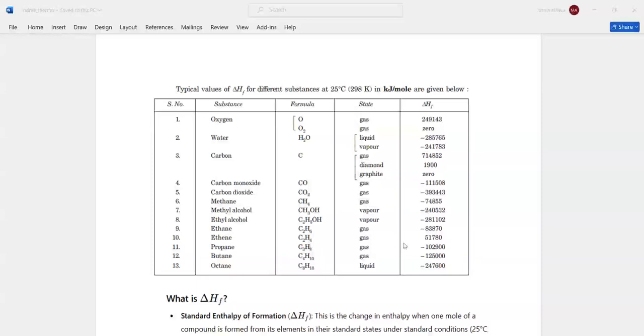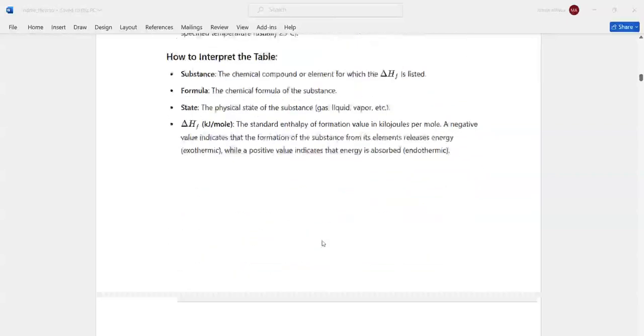Ethene is an unsaturated hydrocarbon. It has a double bond somewhere. So forming it would require absorption of heat. And this kind of formation of ethene is an endothermic reaction, which is represented by a positive standard enthalpy of formation.